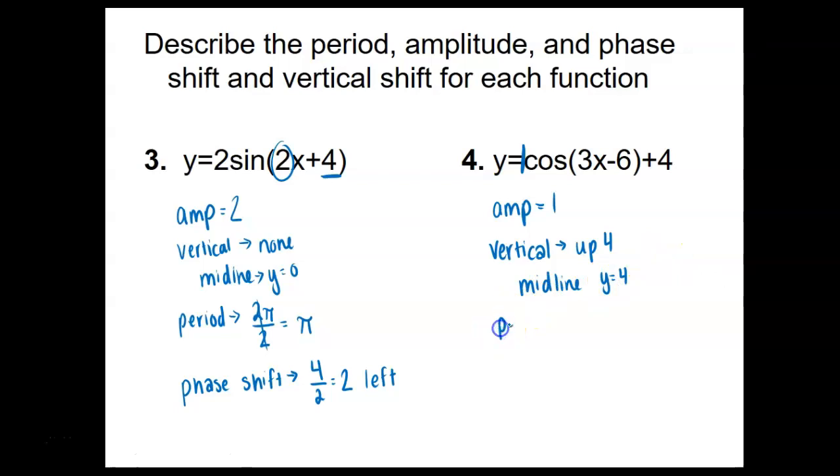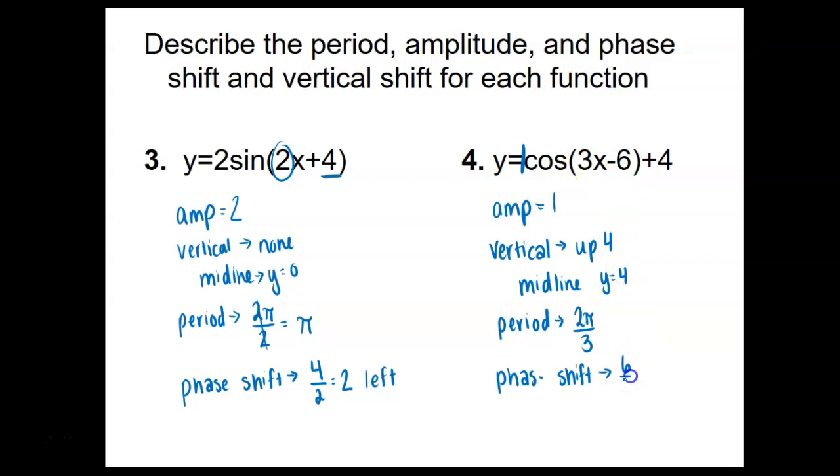For the period for this graph, I've got 2 pi divided by the number in front of the x, which is 3. And then for the last part, for our phase shift, we're going to take that second number, the negative 6, we have to divide it by the 3.